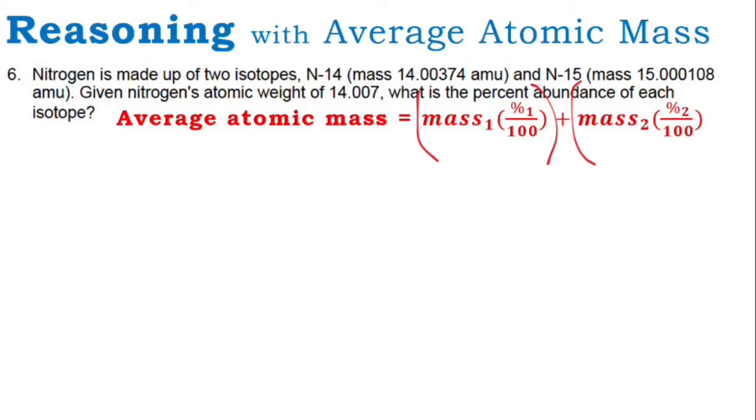If I'd had 3 masses, then I could have had 3 terms just like this going after each other. But this is technically the formal equation for how we can calculate this.